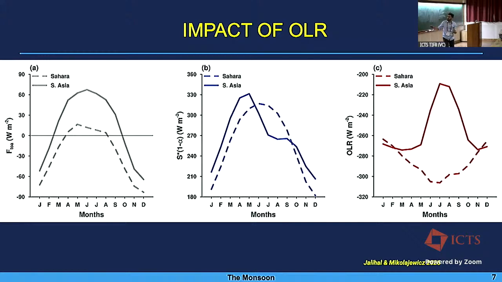If you look at South Asia, during monsoon months, absorbed shortwave is lesser than Sahara. It means South Asia is reflecting more shortwave than Sahara does. Why? Probably because cloud albedo is higher than the albedo of bright sand. But this is not the major distinction.